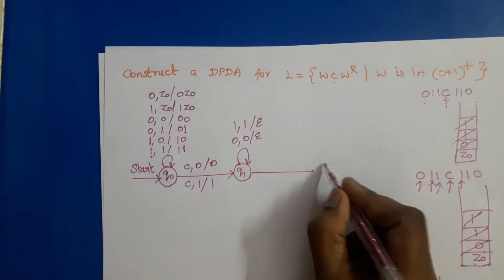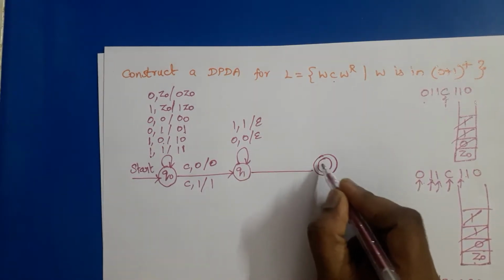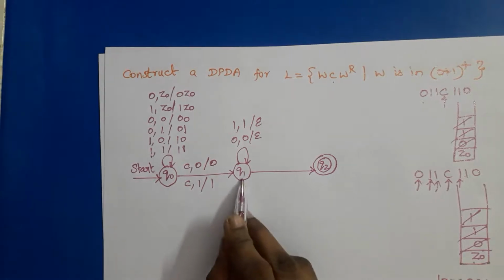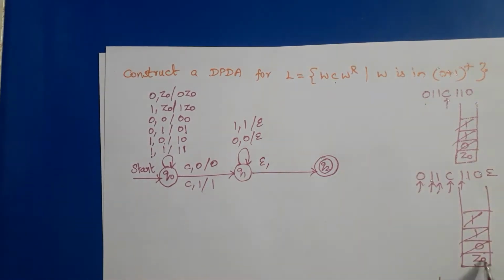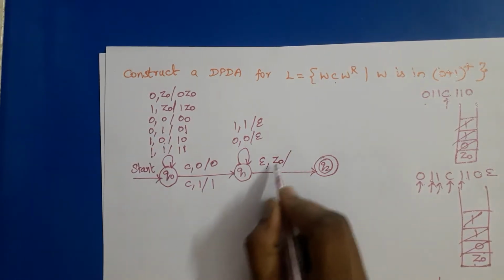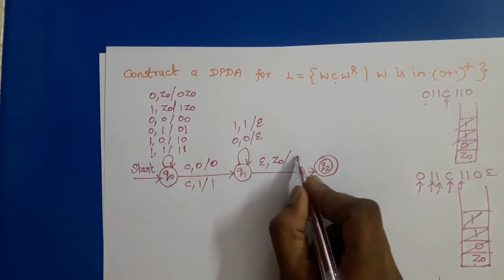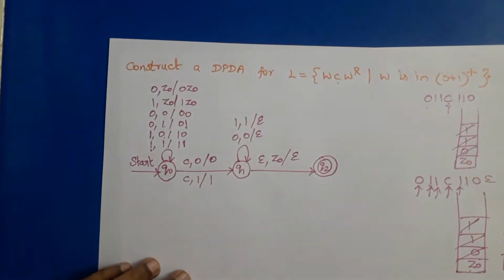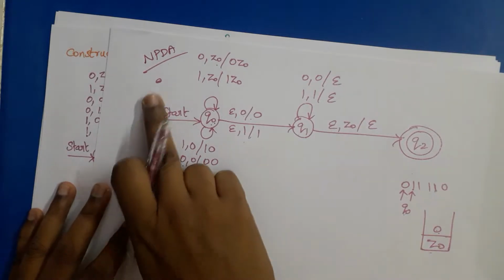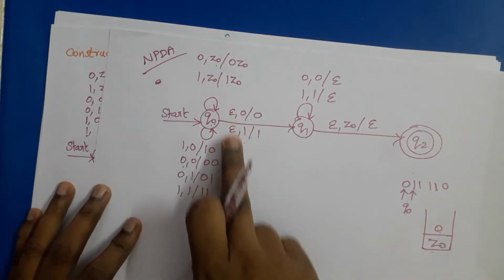Now in Q1, the current input is epsilon and the top of the stack is Z0, so we can replace Z0 by epsilon and enter the state Q2. In the non-deterministic PDA, we have seen epsilon.